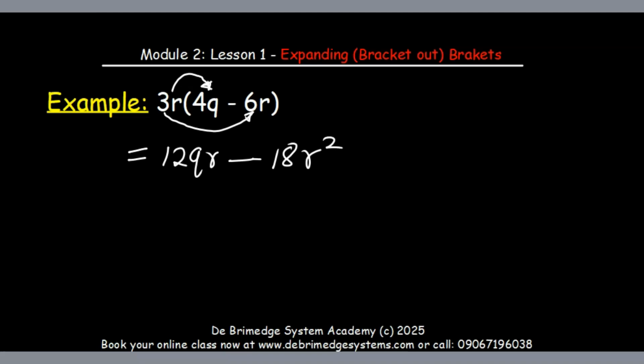Remember, we looked at where we said that initially, from one of the rules, we said that A times A will give us A squared. So based on this, R times R will give us R squared. So this is a simple expansion for this equation, 3R into 4Q minus 6R. So it expands to give us 12QR minus 18R squared.